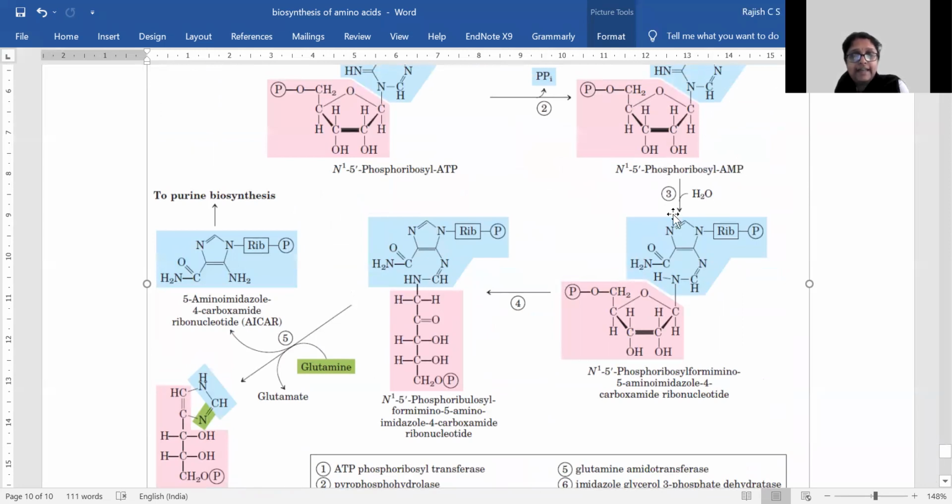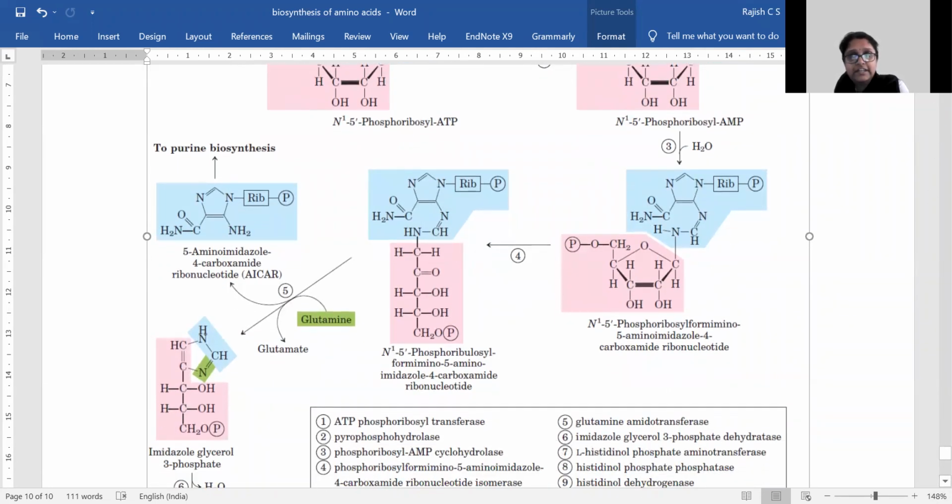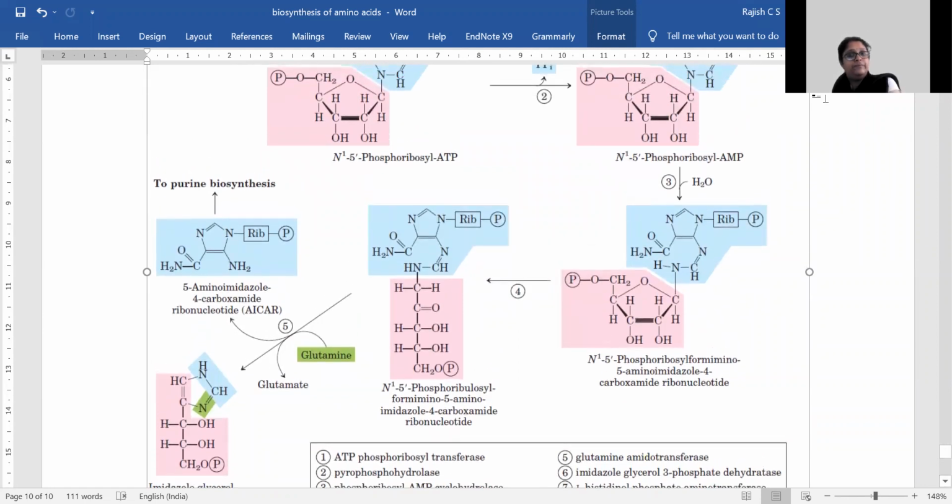And now once we have the AMP structure, another hydrolase, a cyclohydrolase, is going to open this ring structure by addition of water. So this ring structure will be opened over here, and that forms the N5' phosphoribosyl 4-amino 5-amino imidazole 4-carboxamide ribonucleotide.